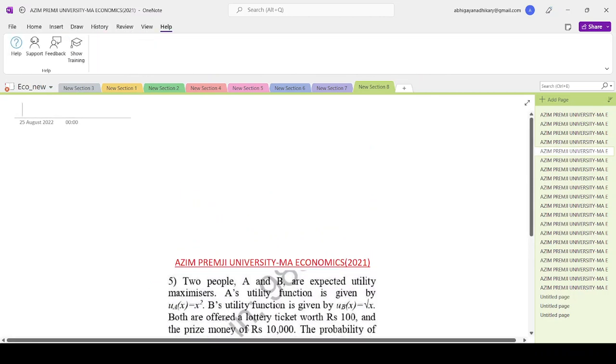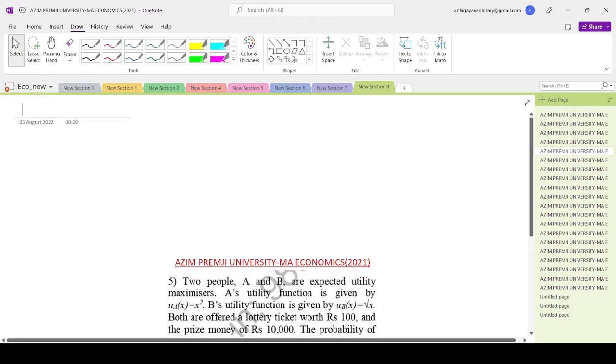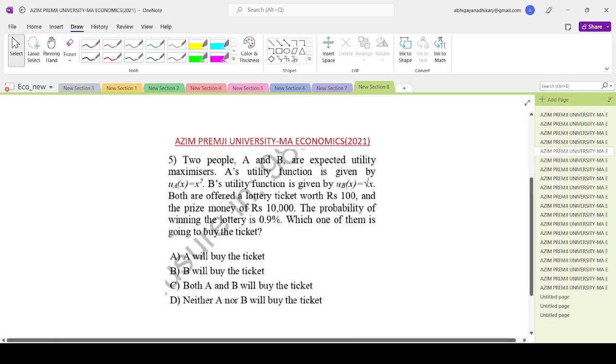Okay, so now moving on to question number 5 of the Azim Premji University MA Economics Entrance 2021. Two people, A and B, are expected utility maximizers. A's utility function is given by x squared and B's utility function is given by u of B equals root of x.